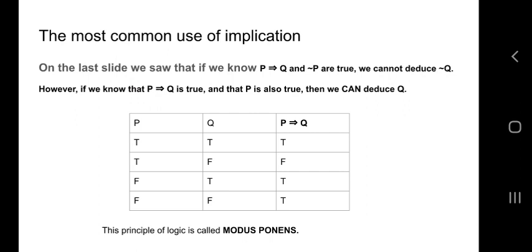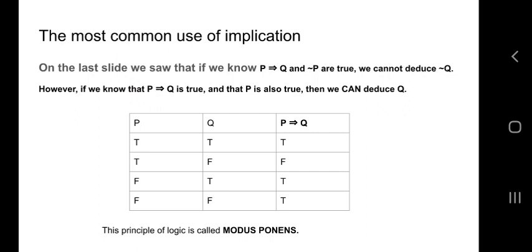And you can use truth tables to show that if you know P implies Q is true, and you look at a not P column, it doesn't force a value for Q or not Q. So that's why you can't deduce anything from that.